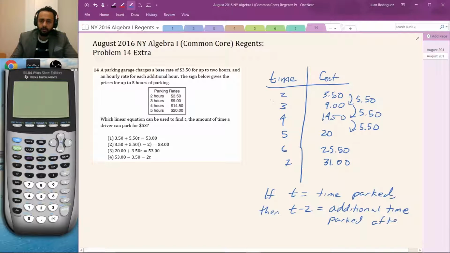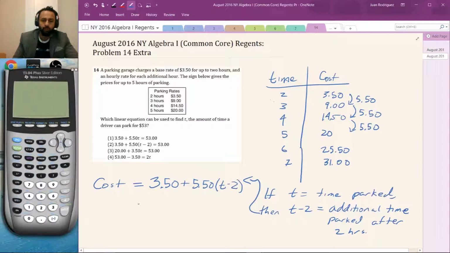After 2 hours. Okay, so what that means is that, hold on, I know YouTube videos sometimes block off the bottom, so let me actually go over here. I know it's working from right to left, but what this implies is that the cost is equal to the initial cost of $3.50 plus an additional $5.50 for every additional hour after 2, so it's t minus 2.